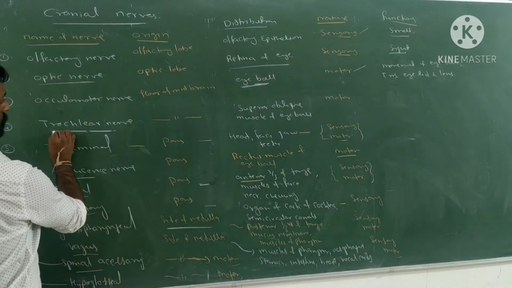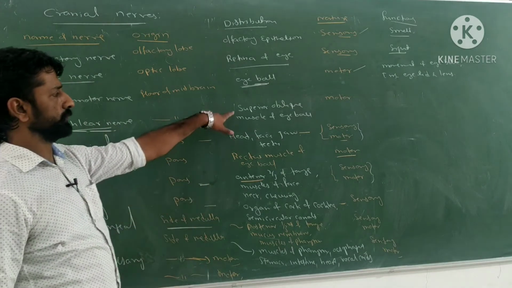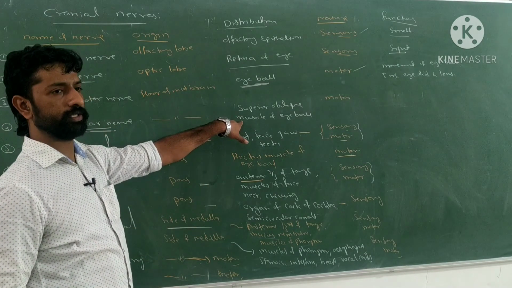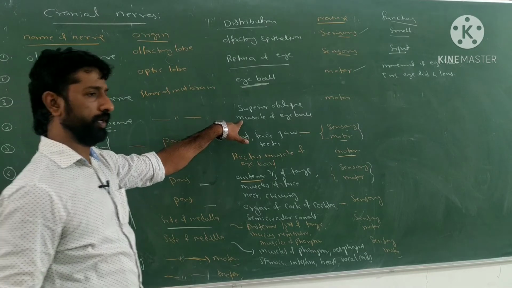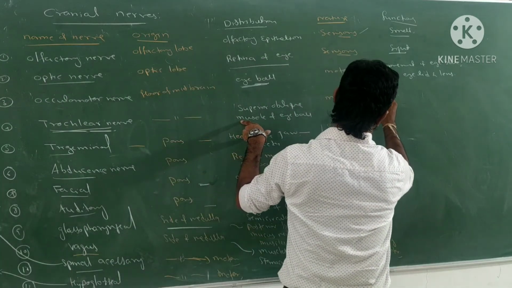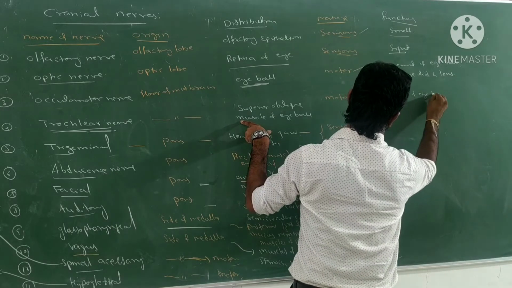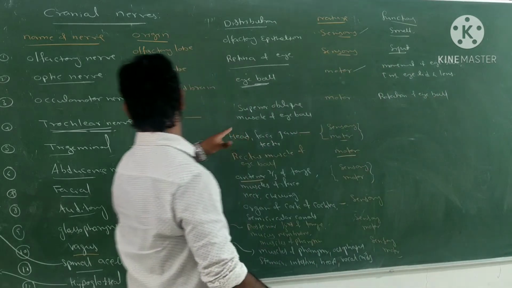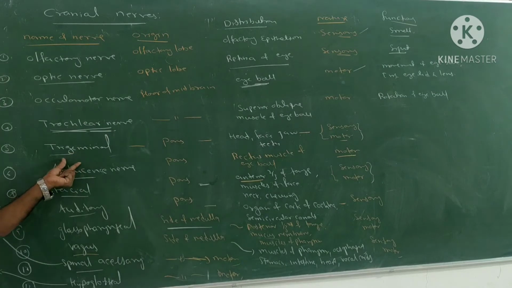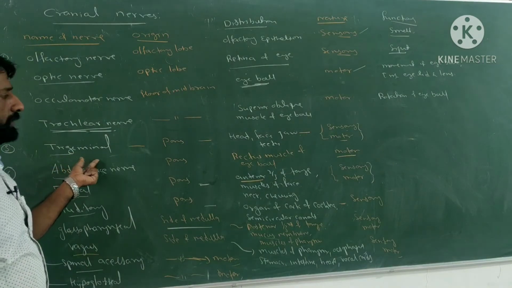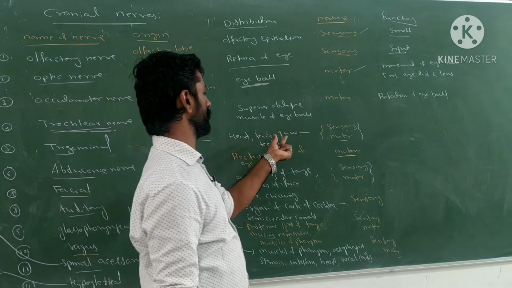What about the trochlear nerve? That is the superior oblique muscle of the eyeball, so it is concerned with rotation of the eyeball. Next is trigeminal, as it is present in the head region, face, jaw and teeth.